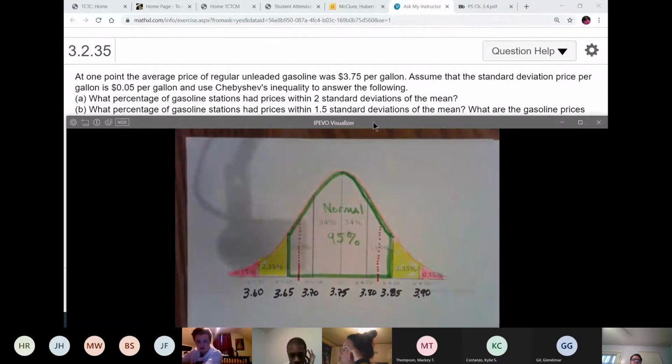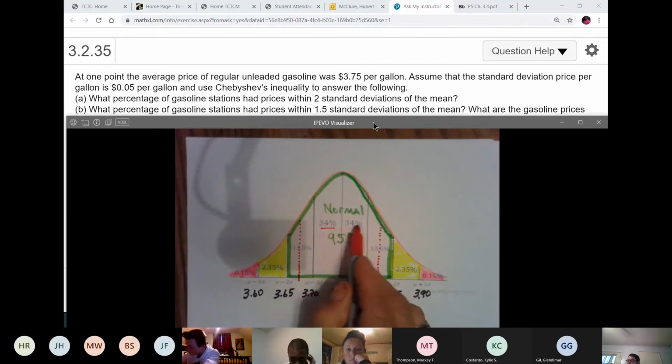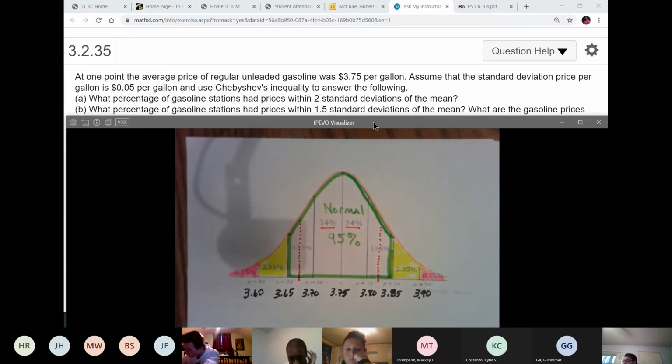Okay? A little bit of estimation. So you're going to add these two together. And then what's half of 13.5? Anybody? What's half of 13.5? 6.75.